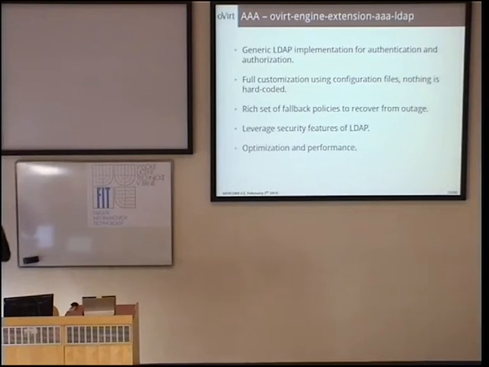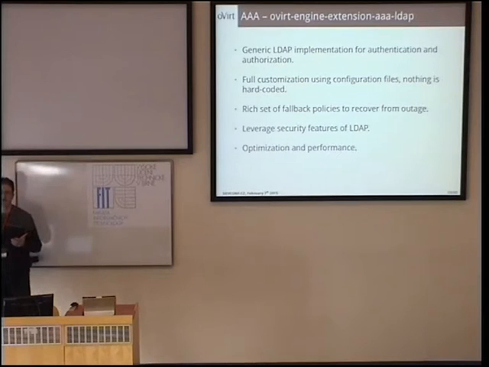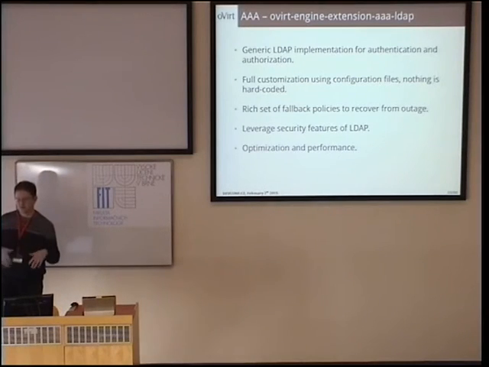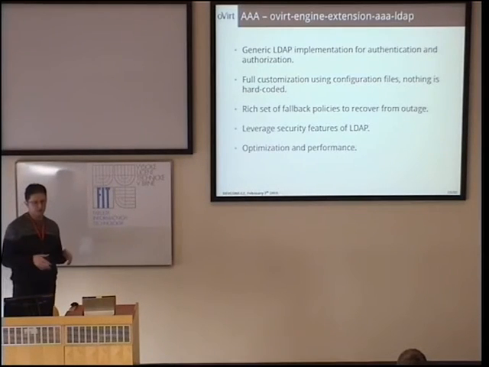In 3.5, we introduced new extensions. It's called oVirt Engine Extension AAA LDAP, and it's completely new. I would say it uses the best from LDAP, and it doesn't force you to provide Kerberos infrastructure. So it uses just LDAP.